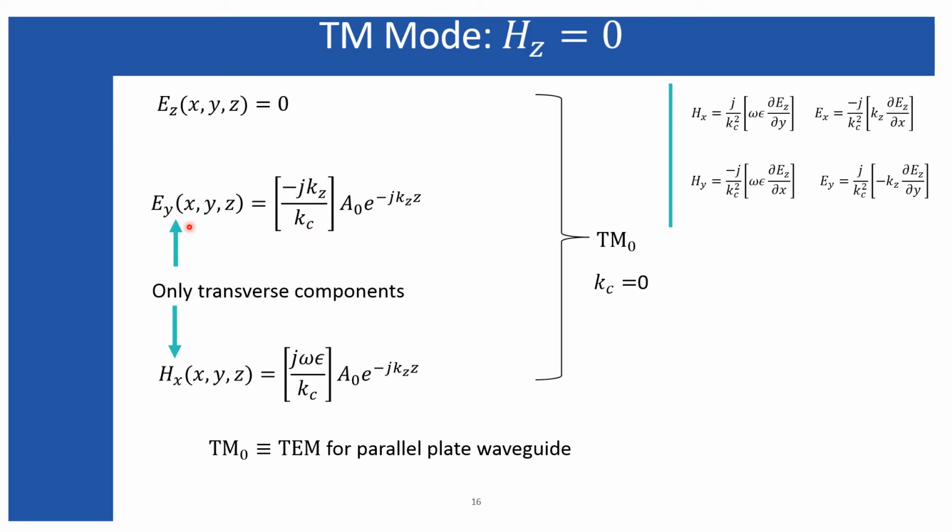The constant electric field will be directed along the y direction, and the constant magnetic field along the x direction, and the cutoff wave number will also equal 0. If you compare with the TEM mode for the parallel plate waveguide that I discussed at the beginning of this lecture, you can easily identify that the TM0 mode is equivalent to the TEM mode for the parallel plate waveguide.